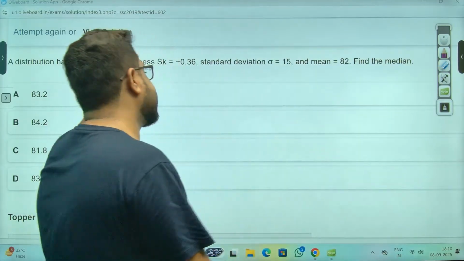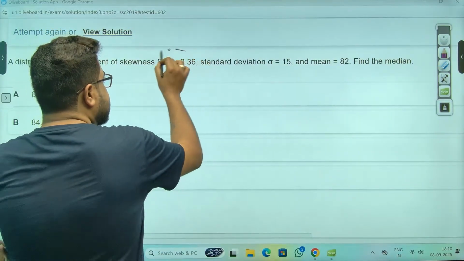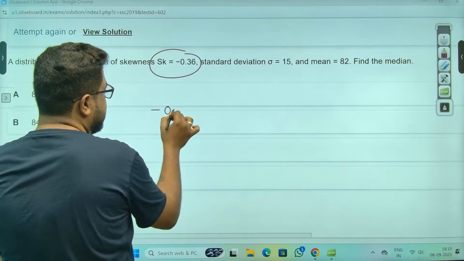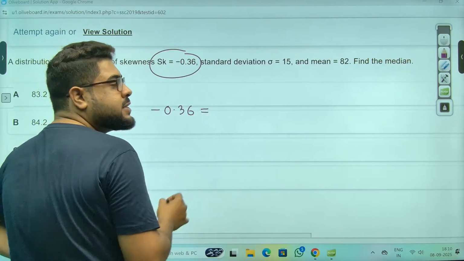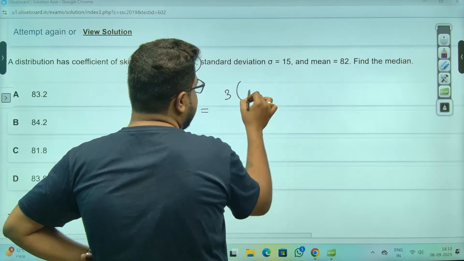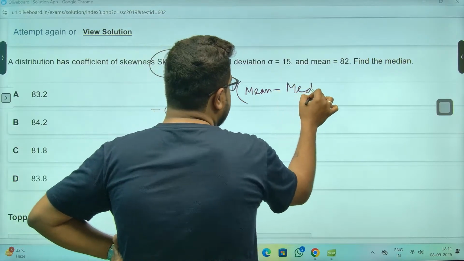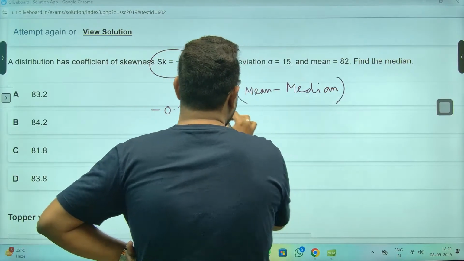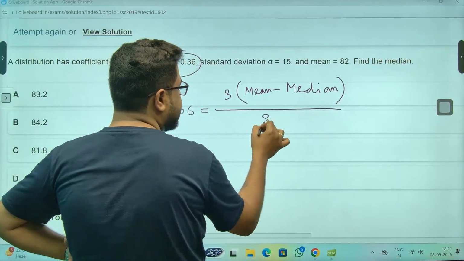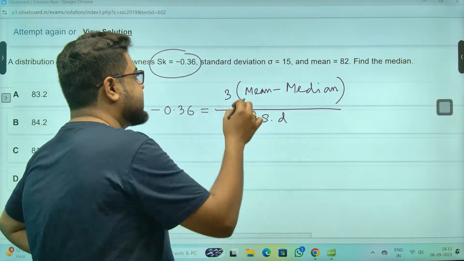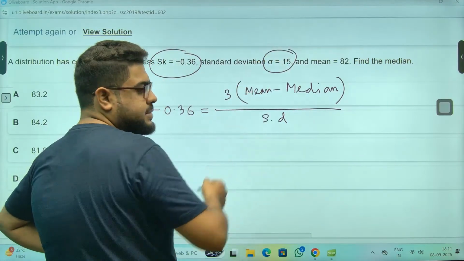Coefficient of skewness, again, is minus 0.36. It is 3 into mean minus median, divided by SD or sigma, which is given.